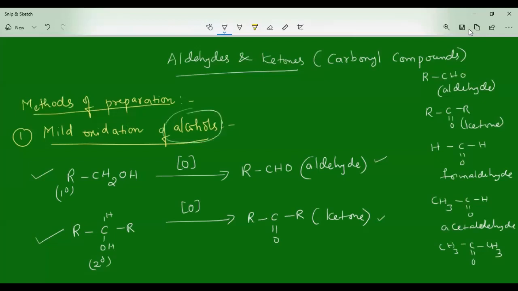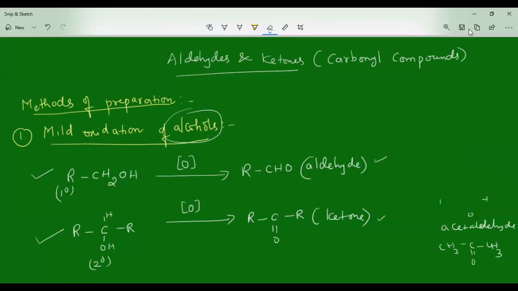Now we are going to see exactly what kind of reagents are required for such mild oxidation. We require oxidizing agents to convert alcohols into carbonyl compounds.